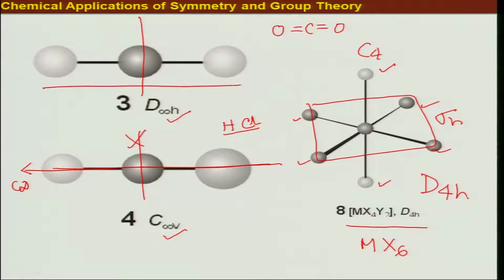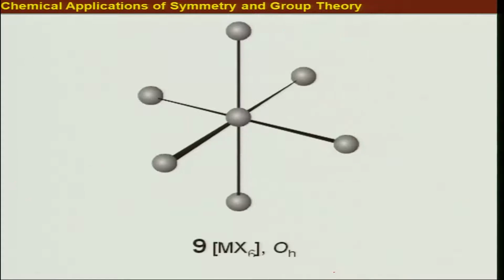Now, as I was saying, I will also check what happens for MX6 molecules, and here we go. So in MX6, all these are X, and the central metal is here. So this is my metal, and these are all X. So all the MX bonds are equidistant. In the previous case, it was not like that. So here I have a C4 axis.